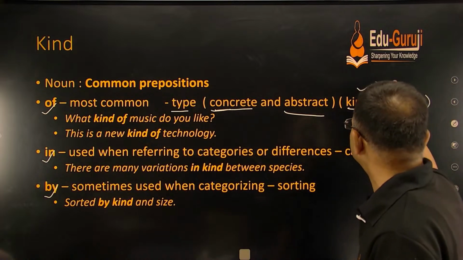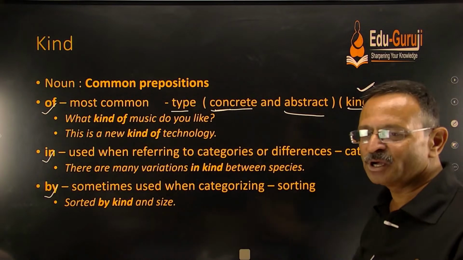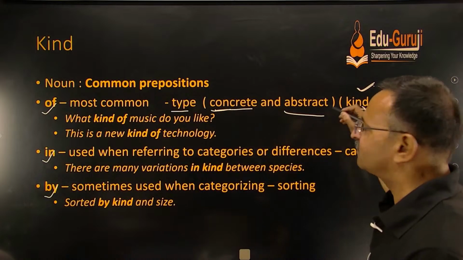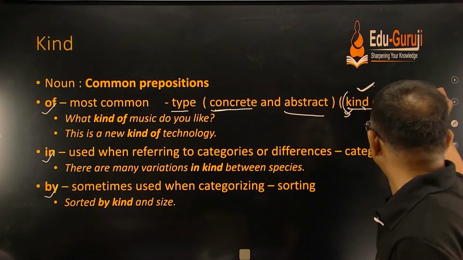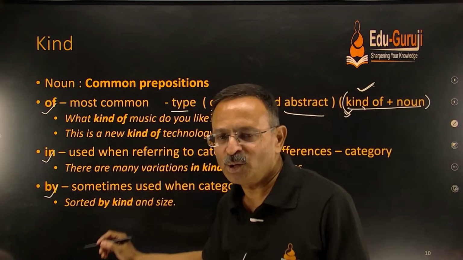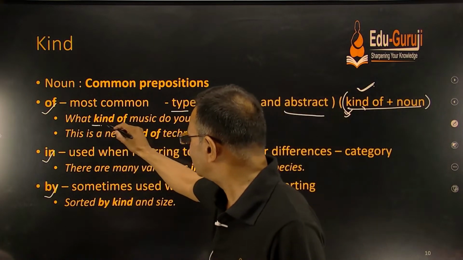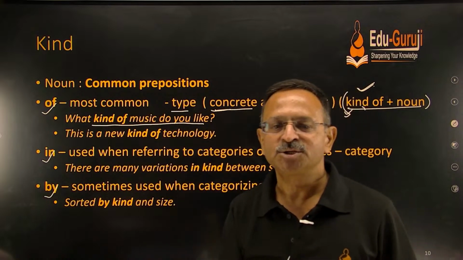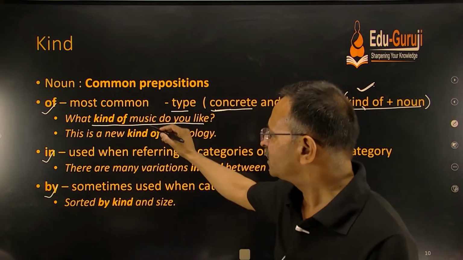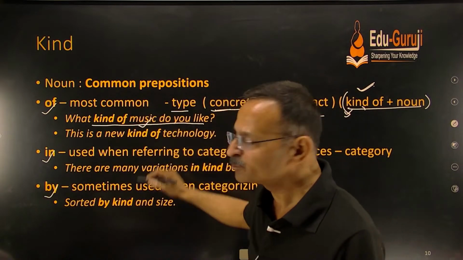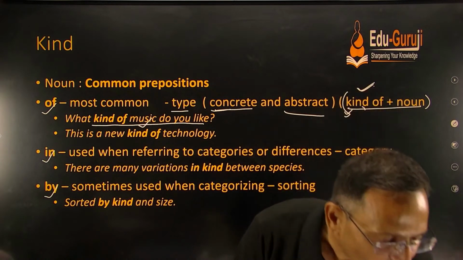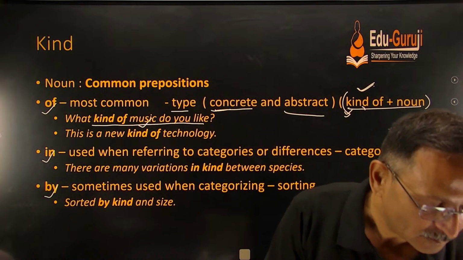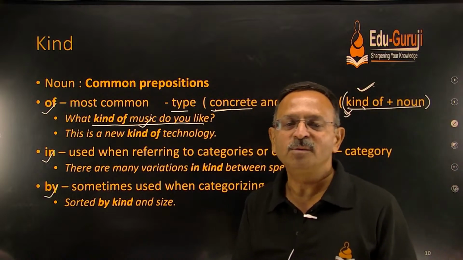You would be coming across sentences where they use this particular formula, kind of plus noun. Now you can see the examples here. What kind of music do you play? Can anybody tell me what type of noun we are using?